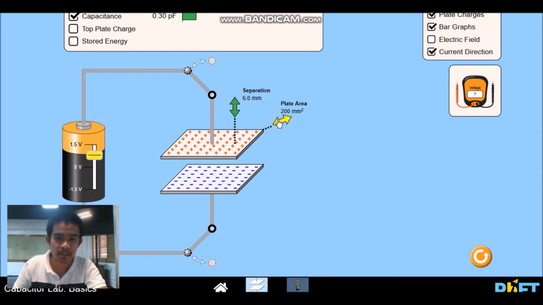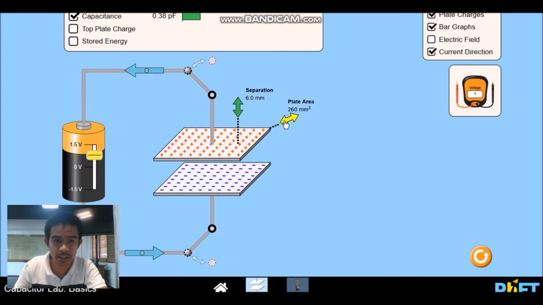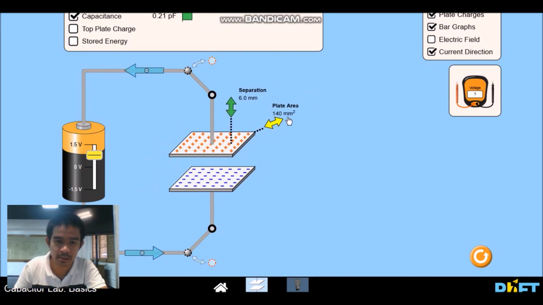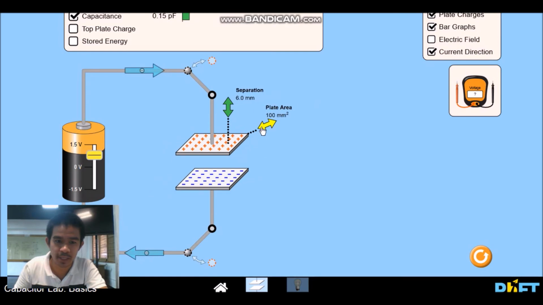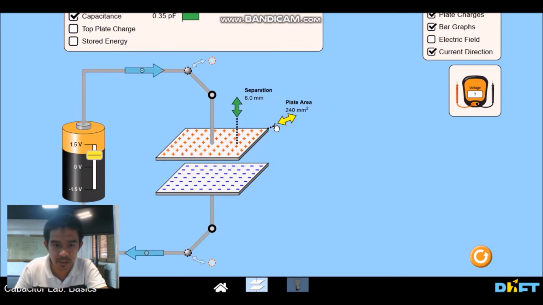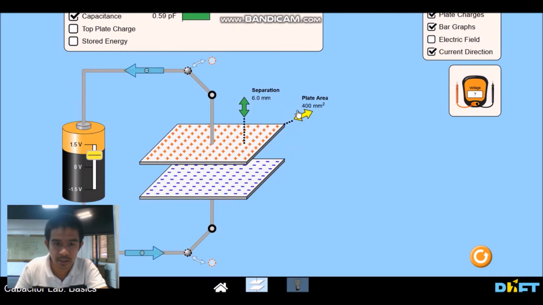Now, let us prove this using the simulation. If I increase the area of these two plates, what will happen? There is an increase of capacitance.